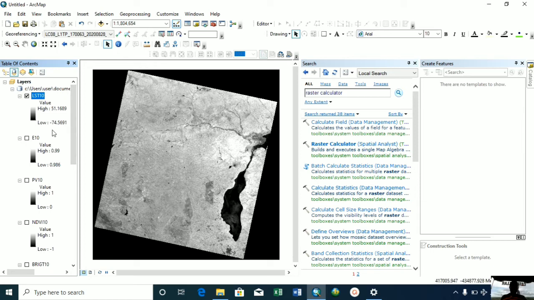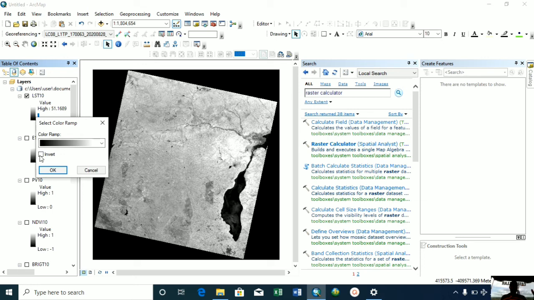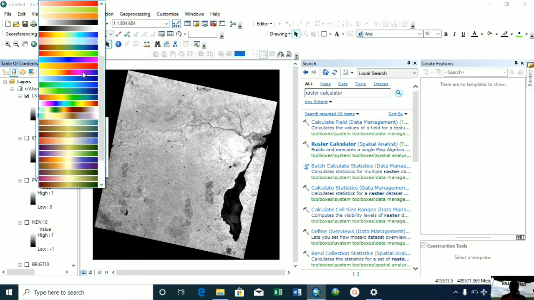So as you can see, the highest temperature here is 51, this one, and the lowest temperature is this one. So this area will be more favorable for the exploration of geothermal. So you have to change the color here, you have to make the visible color.